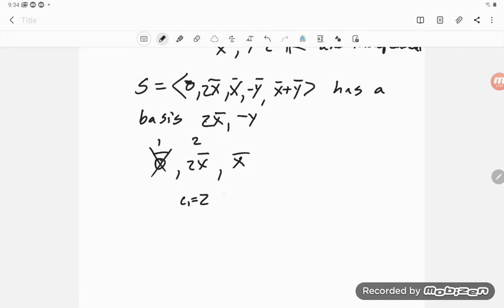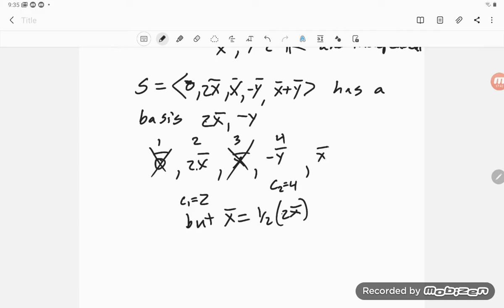Then we get to x, but x is just equal to 1/2 of 2x. So it's a linear combination of 2x, so we don't want that one. Then minus y: I can't make minus y out of 2x, and that was position 3. So here's position 4. Sure, negative x is another one. So my C2 equals 4.